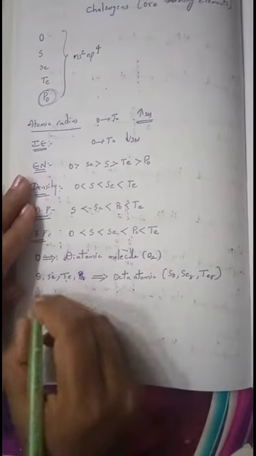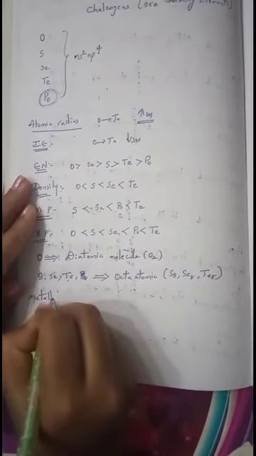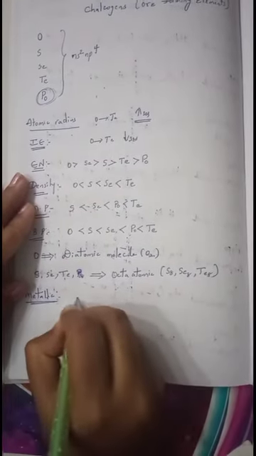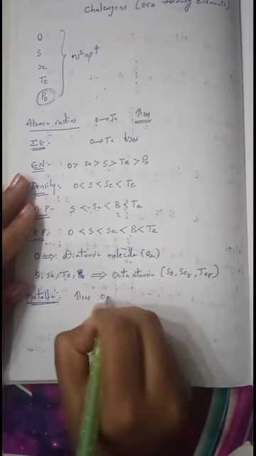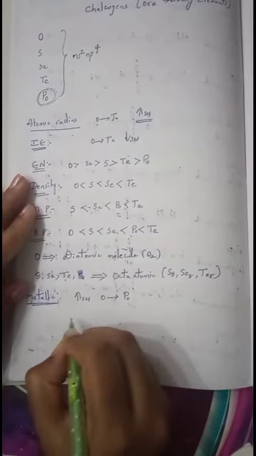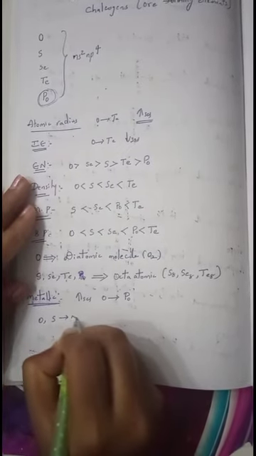The next property is metallic nature. The metallic nature increases from oxygen to polonium. Oxygen and sulfur are non-metals.